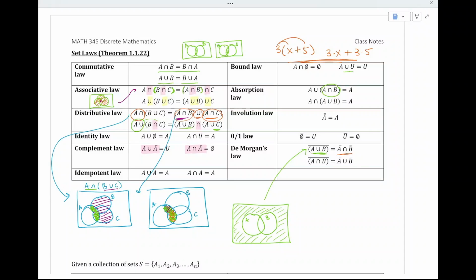Let's take a look at A complement intersect B complement. Here's A and here's B. So A complement is going to be all of this. And B complement is going to be all of this.